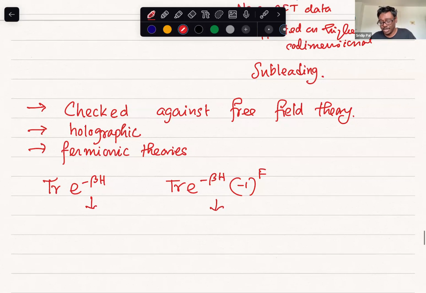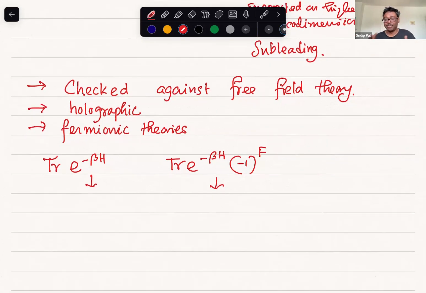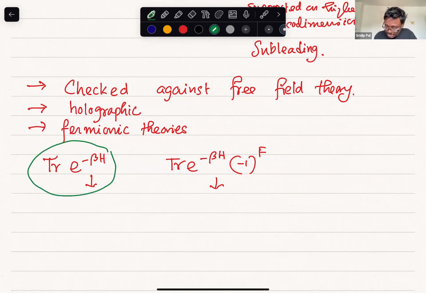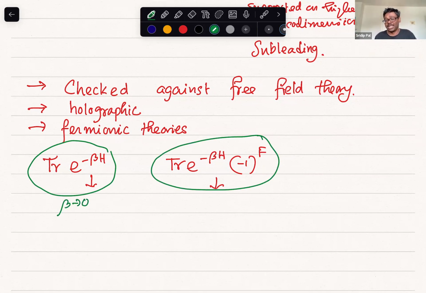And that is kind of the main punchline: for any CFT, whether it's bosonic or fermionic, once you know the Wilson coefficients that describe these two quantities in the beta going to zero limit, you basically know all the leading behaviors of all the other quantities involving trace e^(-beta H) e^(2 pi i p/q J), with or without (-1)^F.